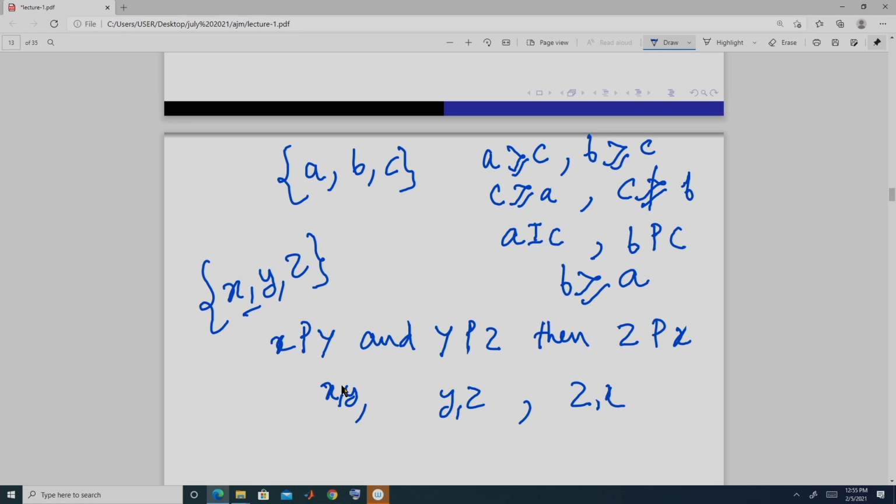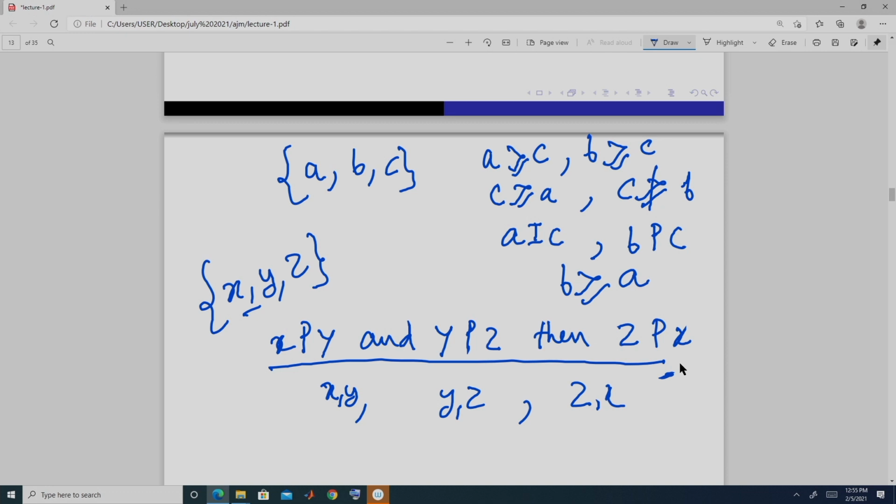So we get a cycle kind of thing. In this situation, we cannot come to a conclusion about which one we are going to choose. So that is why transitivity is a necessary thing.